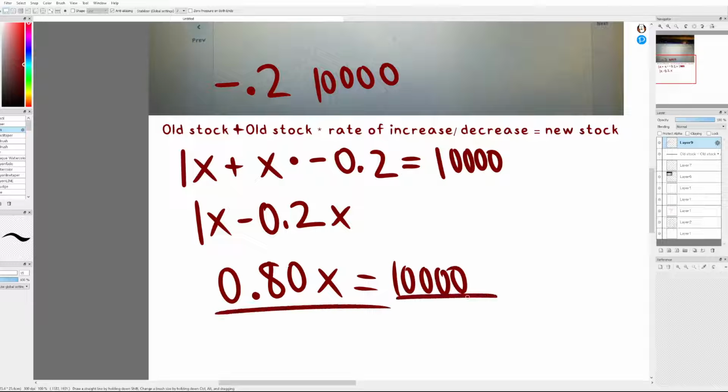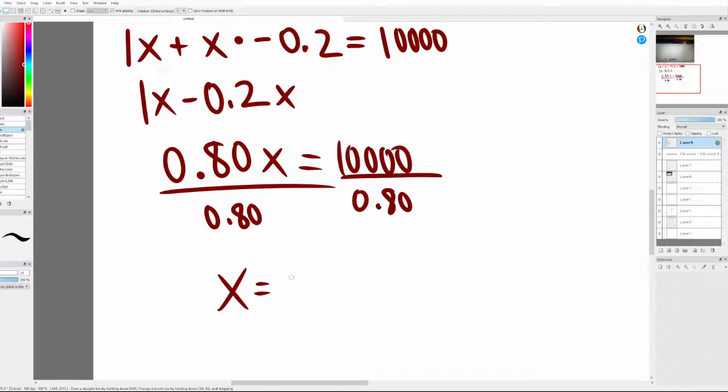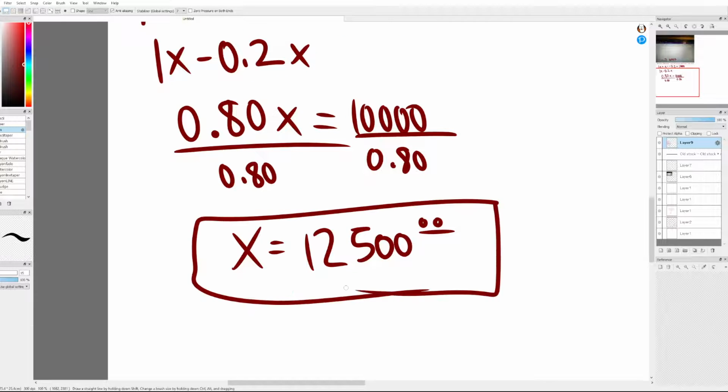And you can divide both sides by 0.80, because we want to get x by itself to find our old stock price. Let me plug that in real quick. 10,000 divided by 0.80 is, so x equals $12,500. And that is our old stock price.